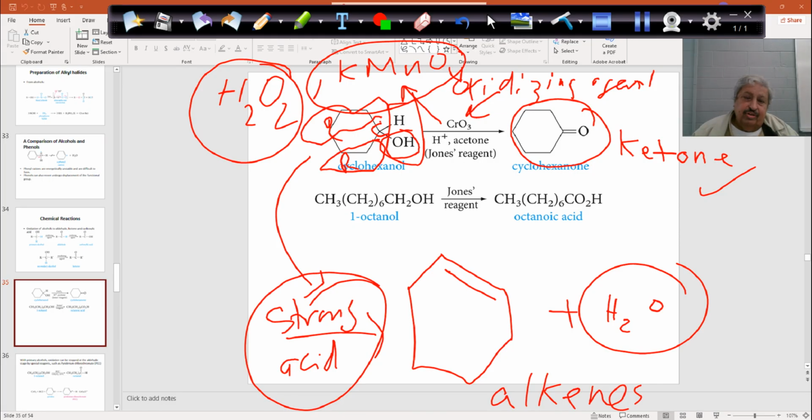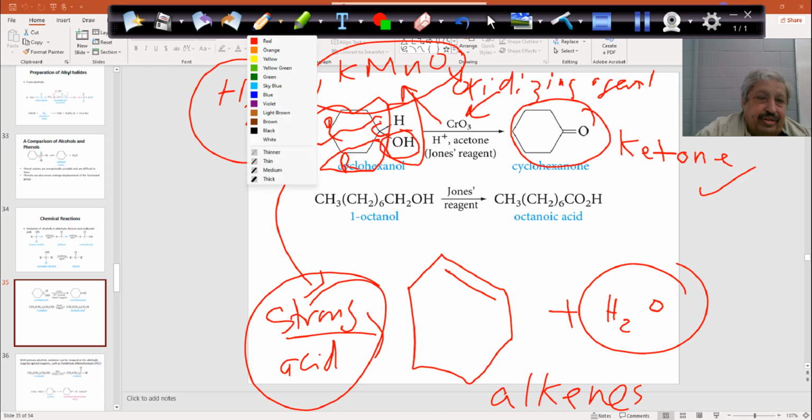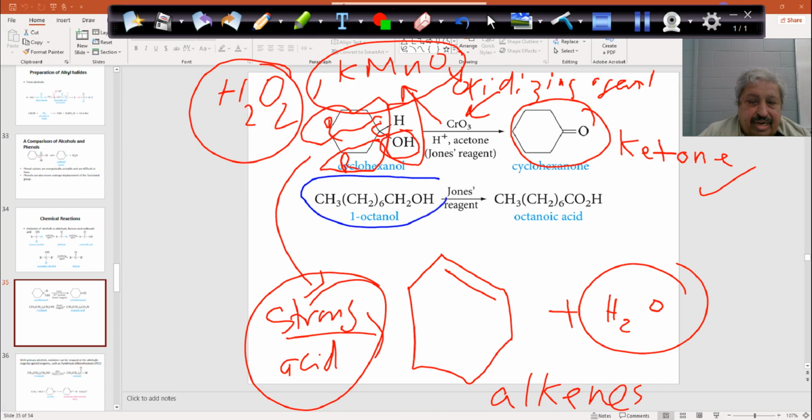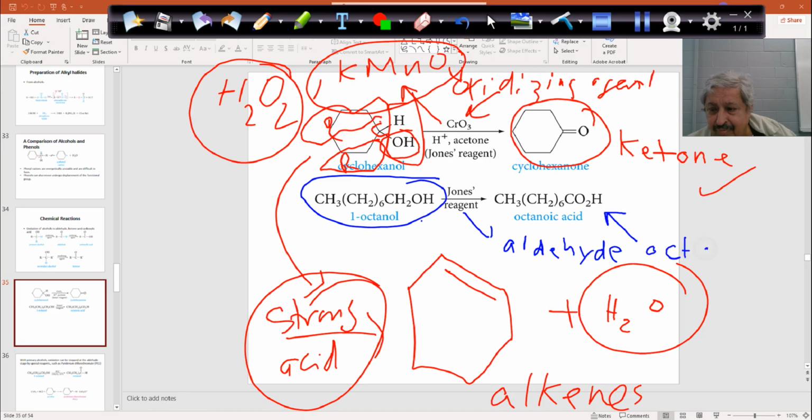Now, if you have here the primary alcohol, you oxidize it, you get what? An aldehyde in between. And the aldehyde goes to what? To carboxylic acid, correct? You can look at how many carbons you have, and this is octanol. The aldehyde will be octanal, al at the end.